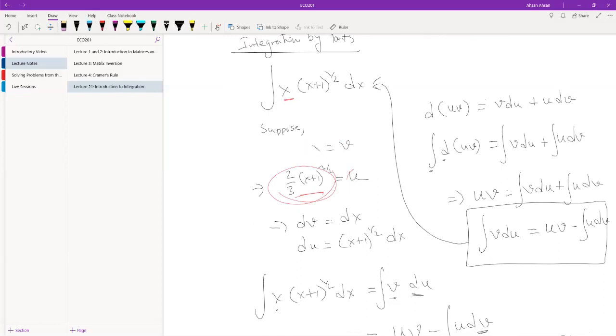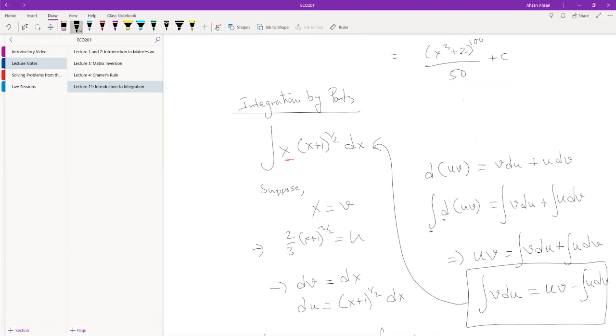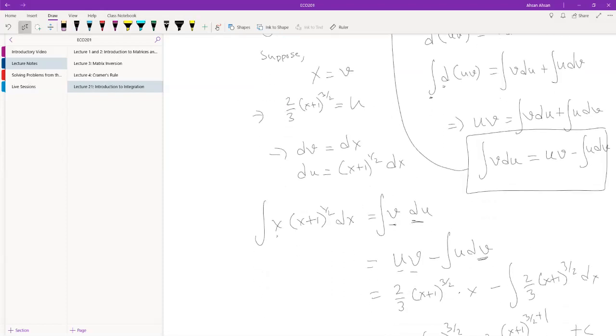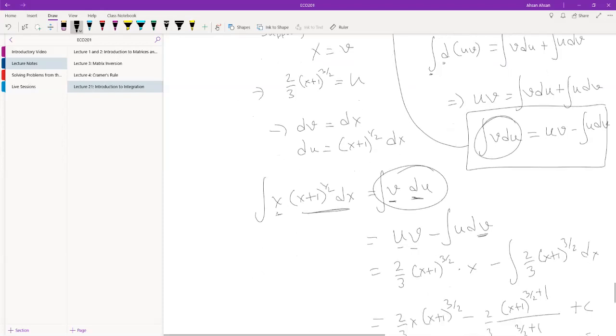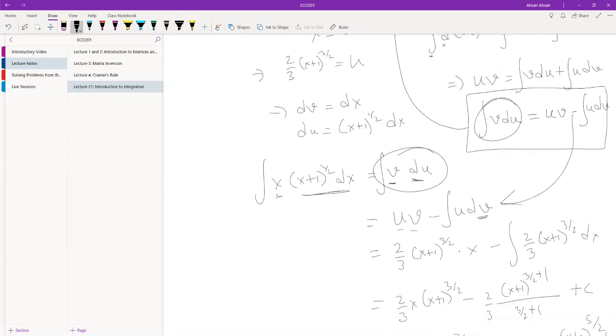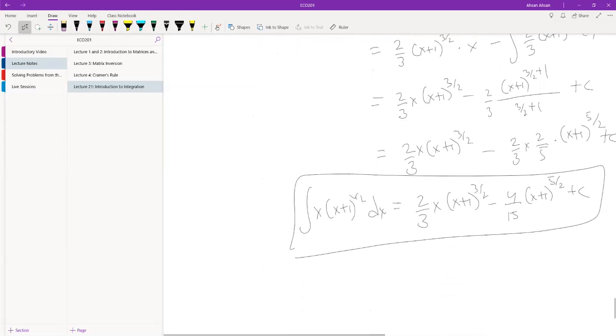Having done that, this was v, this was u, and all we've had to do is replace the values here. We know x is v, we know this entire thing is du, and then this is this. So we were able to plug this in, and then we know the values of u, v, and dv. It's just replacing, and then just basic algebra.